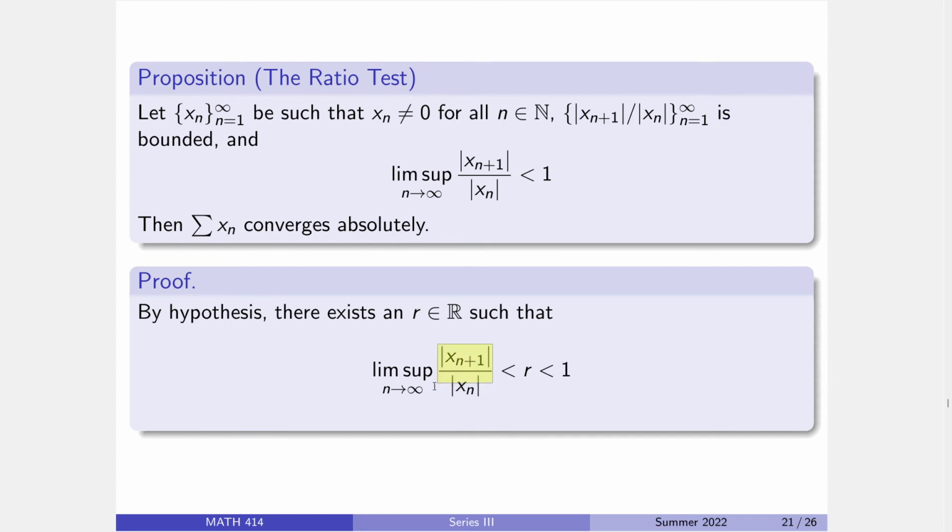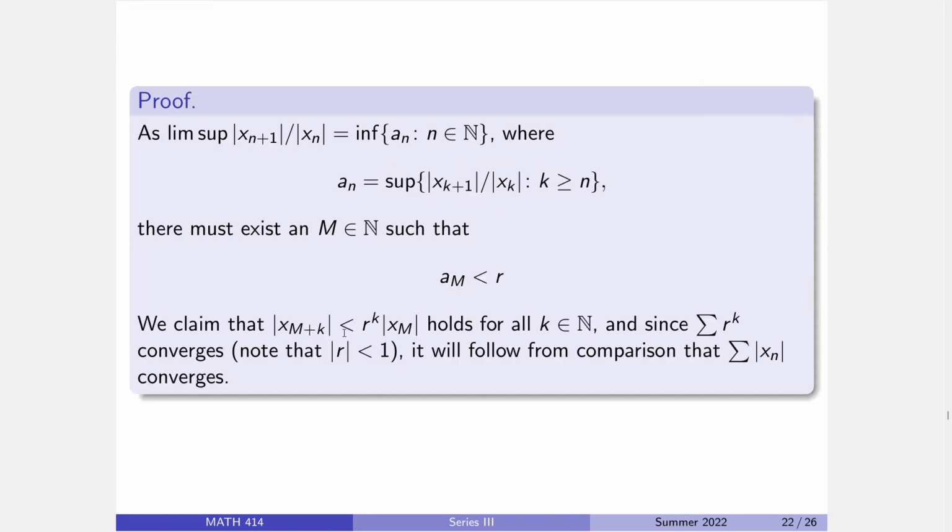And the limsup over here is bounded, needs to be at least 0, because everything involved is non-negative numbers. So R is at least 0, so its absolute value is less than 1. And then what do we have? Well, this has to converge because R is less than 1 in absolute value. And so this thing on the right converges. This thing on the left, by comparison, is going to have to converge.